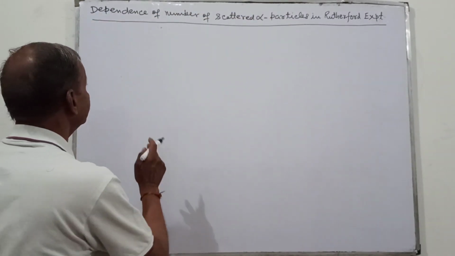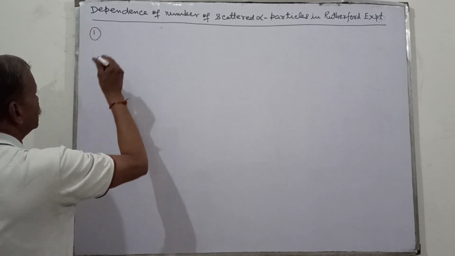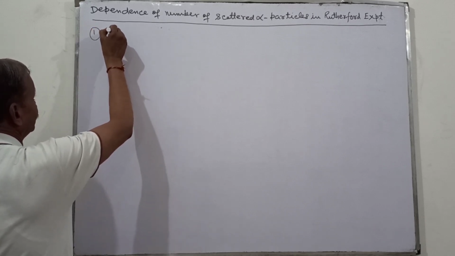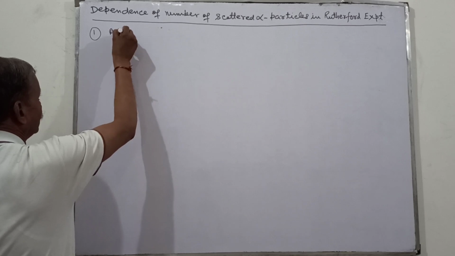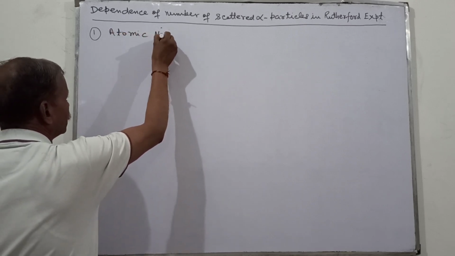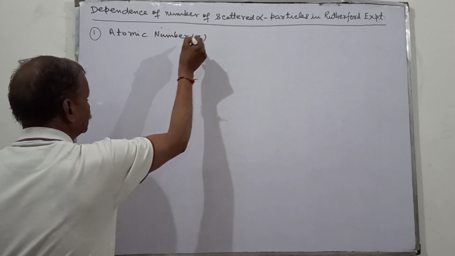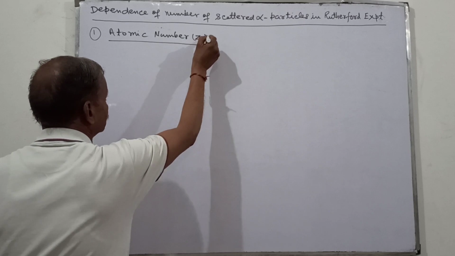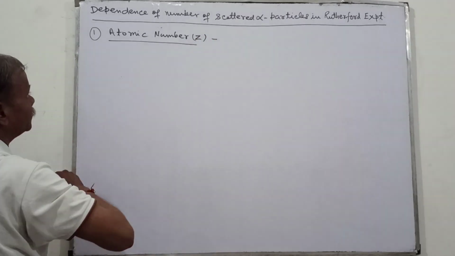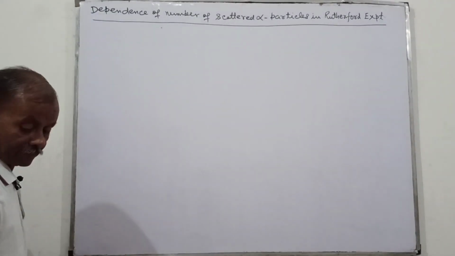So first is the atomic number, Z. Now let us say that the number of scattered alpha particles is equal to n.